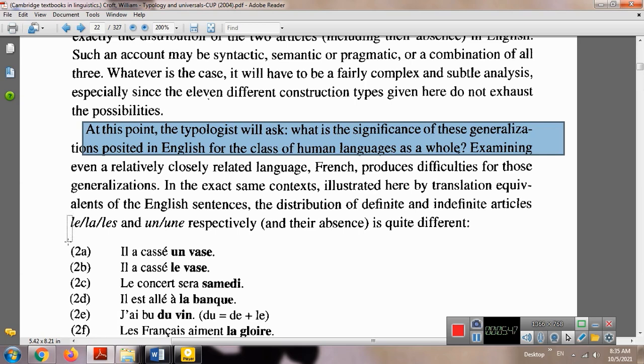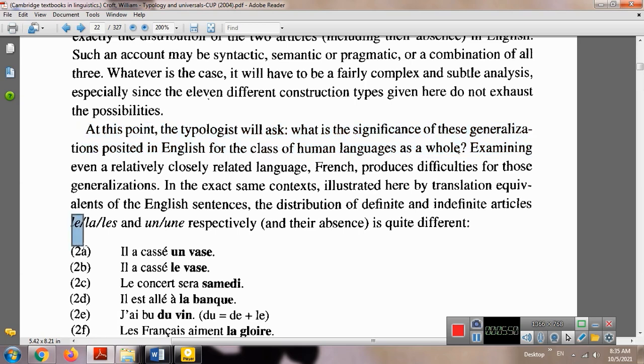Le is the masculine article, la is the feminine article, les is for the plural noun, and un and une are indefinite, and we use un for the masculine and une for the feminine, respectively.